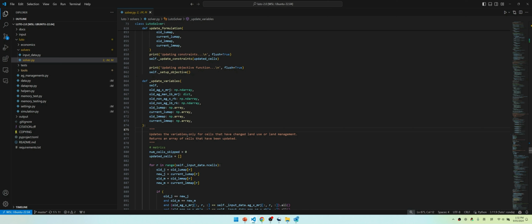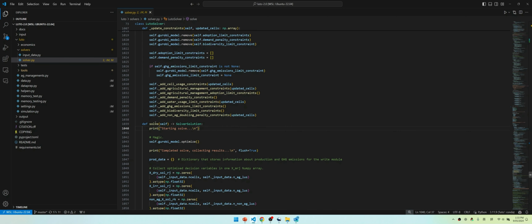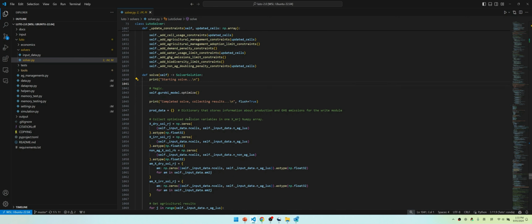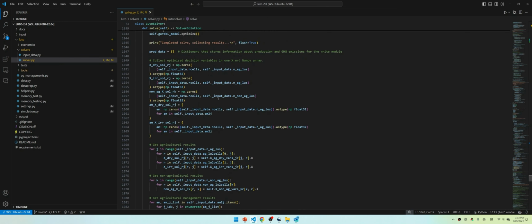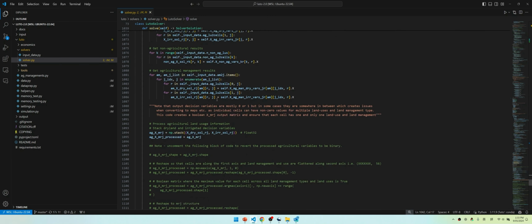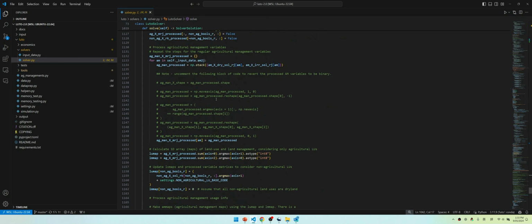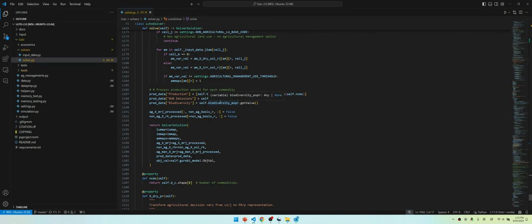It will only update the variables that have changed from one year to another. And last is the solve function. This is the function that glues all the functions we have talked about into one and simulates the land use change year by year. This is generally a loop through each variable and a loop through each decision space to get the result.